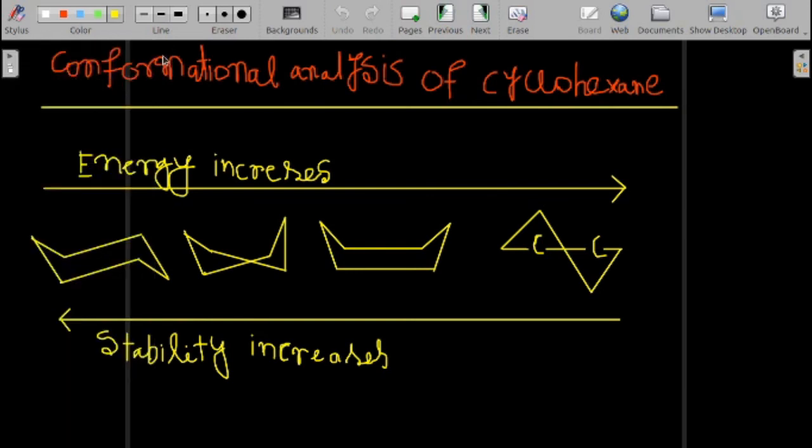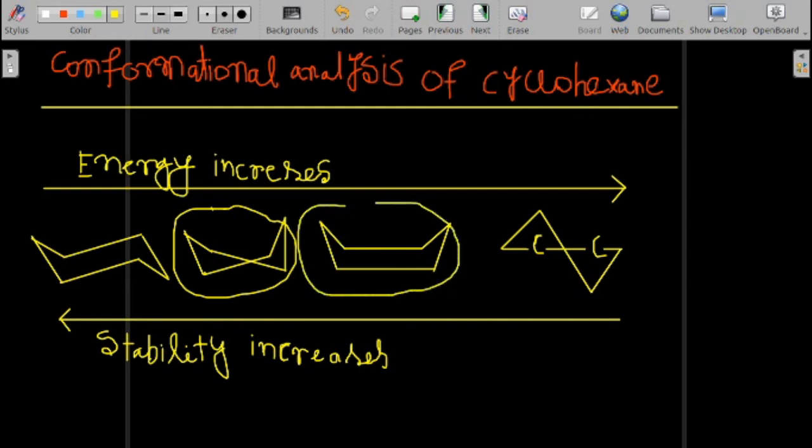Now we will analyze the conformations of cyclohexane. Here we will say that the chair conformation is the most stable conformation of cyclohexane. Then the twist boat conformation, then the boat conformation, then the half chair conformation.